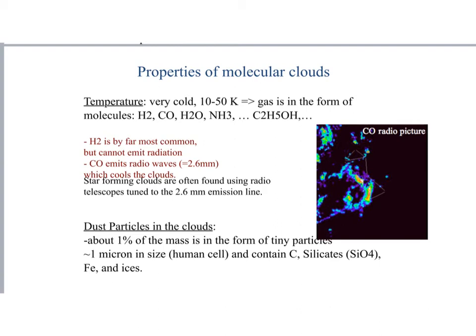There are some other parameters that are necessary for that star formation to happen. Okay, the temperature, especially for those molecular clouds, needs to be very, very cold, right? So in terms of Celsius, 273 Kelvin corresponds to 0 Celsius.